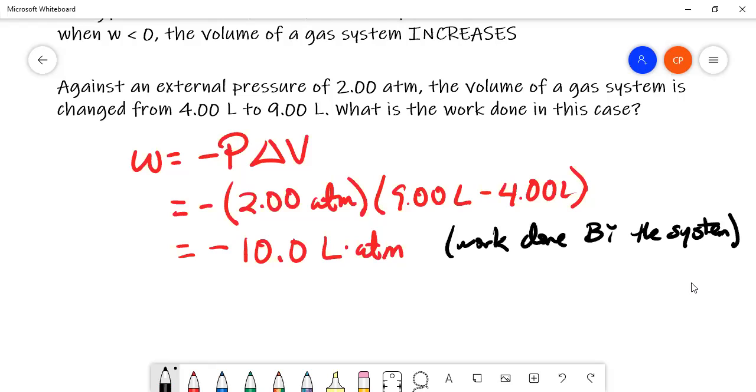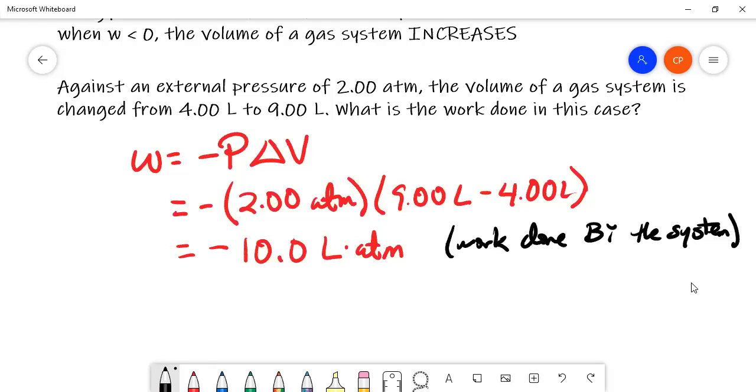Joules are our normal units of energy. Now, liters times atmospheres absolutely are legitimate units of energy. Okay? If nothing else is asked of you, you are absolutely allowed to say that the units of energy are in liters atmospheres, and that's all well and good.